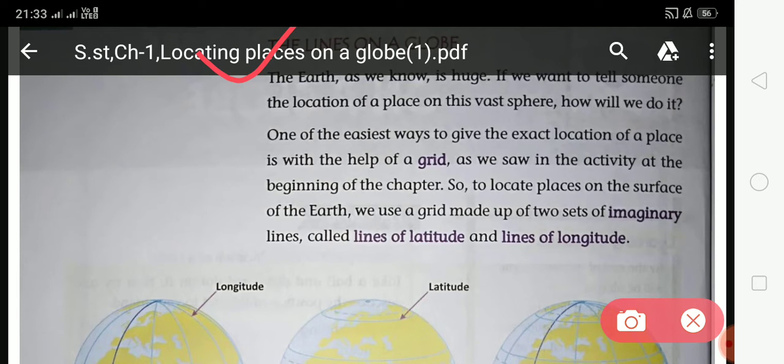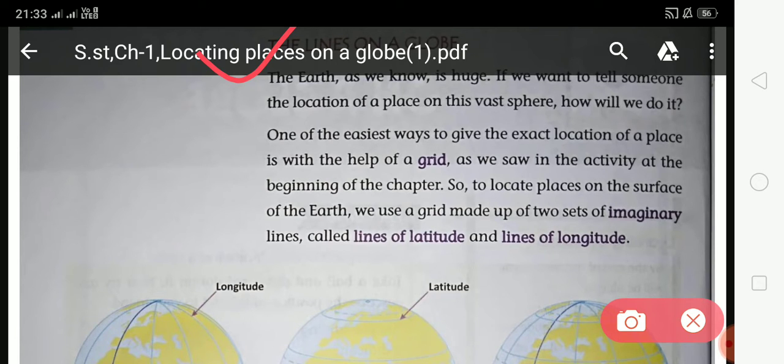So students, in this chapter we will study the lines on a globe. There are different lines on a globe, and in this video we are going to discuss the two sets of imaginary lines, that is, lines of latitude and lines of longitude.